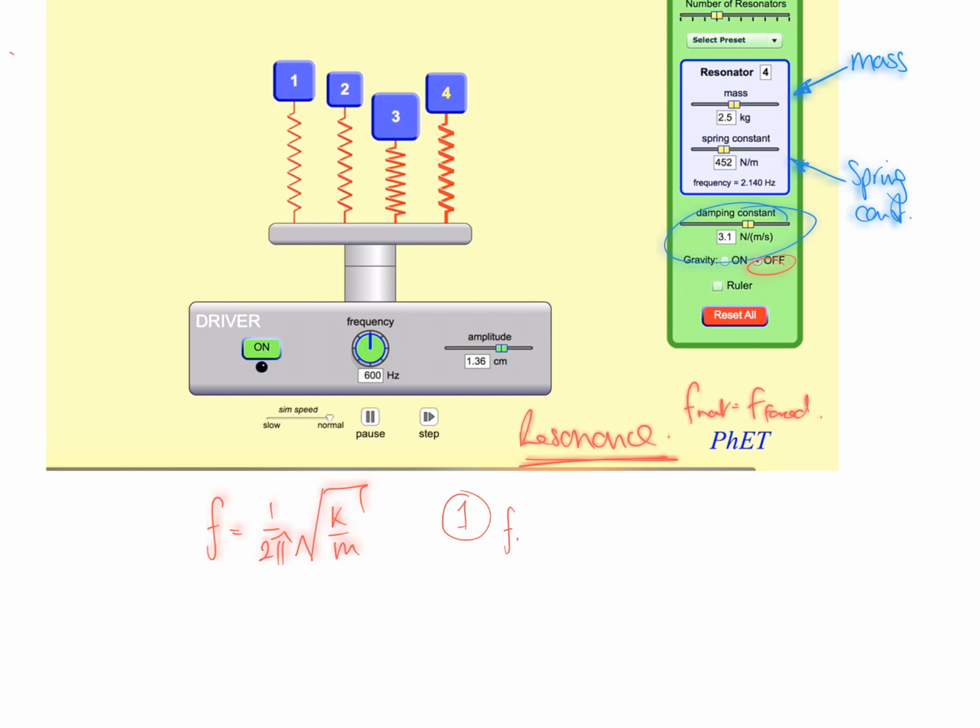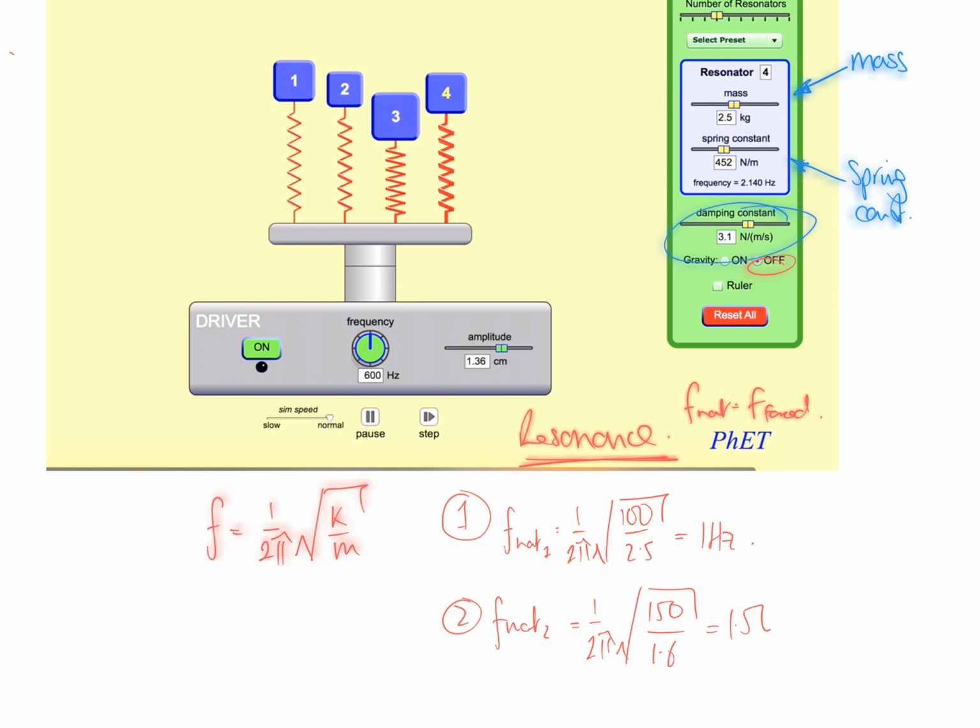So the natural frequency for number 1 is going to be 1 over 2 pi square root of 100, the spring constant, over 2.5 kilograms. And that's going to give me 1 hertz. For the second one, f natural 2, it's 1 over 2 pi, with a spring constant of 150 and 1.6 as the mass.